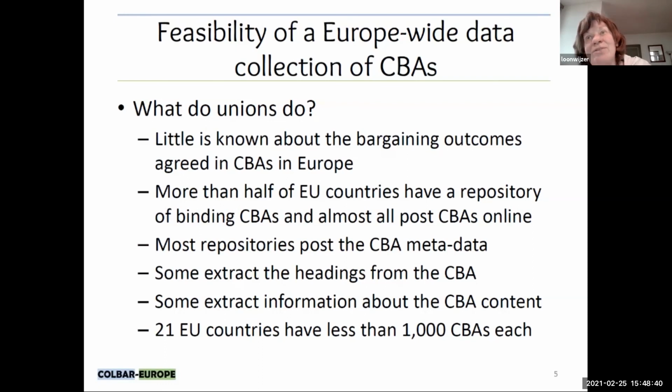As we have proven in our CBA database for this project, it is feasible to code collective agreements in whatever language, to make them comparable, to extract knowledge from the collective agreements across European countries. And it shows you exactly how collective bargaining across European countries develops. So that is basically what I would like to say.